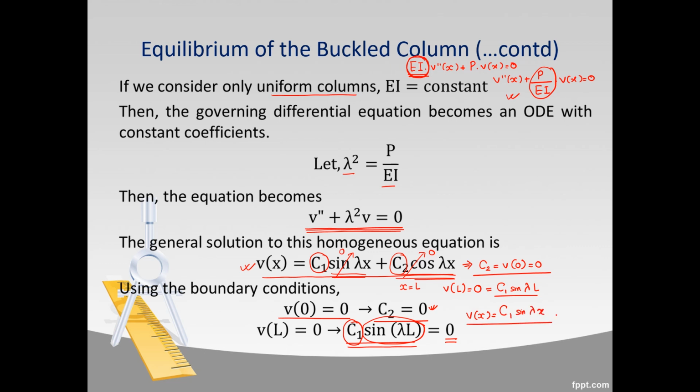If our C1 is again 0, then V x will simply be 0, and this will turn out to be a trivial solution. This will in fact just represent the straight condition of your column. There will be no buckling. So to remove this trivial solution, C1 cannot be 0, so sine lambda L now should be equal to 0.